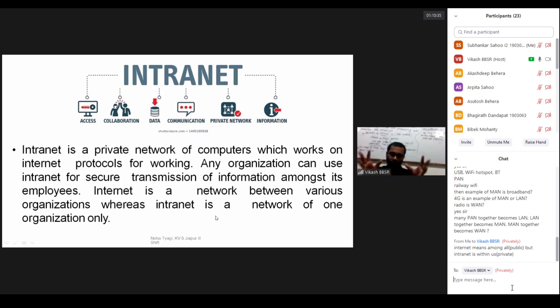Outside also there is internet, inside there is also internet. But whatever is going on inside our Vikas campus is shared only with us, so only the employees know all these things.